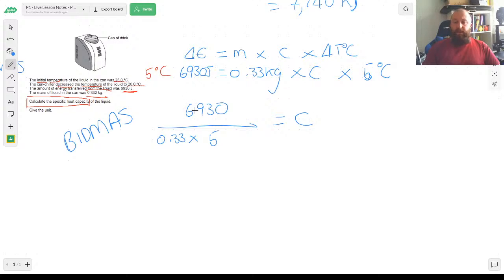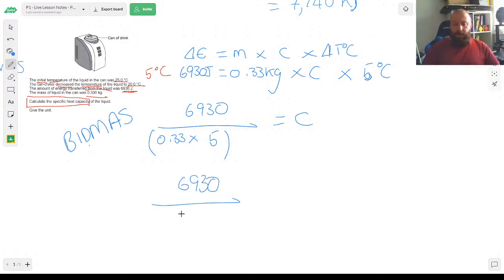Because what I'll get is 6930 divided by 0.33, multiplied by 5, because it works out the division before it does the multiplication. So we need to be aware of that and either put brackets around this or do this part of the calculation first, which is what I'm going to do now.